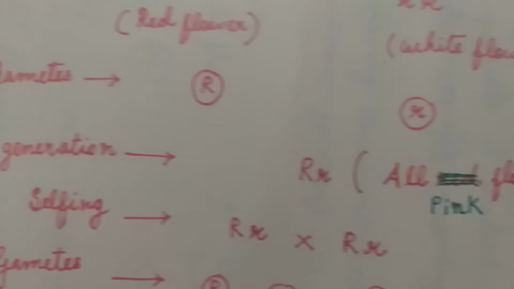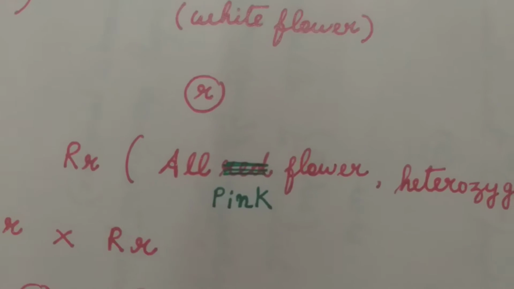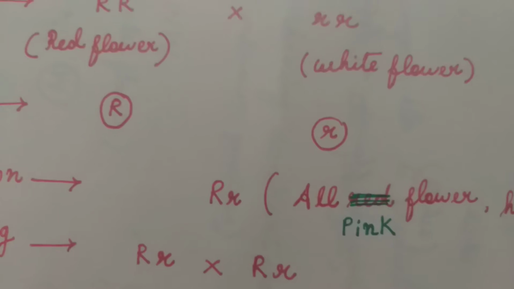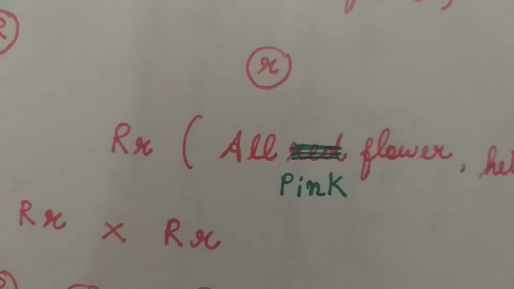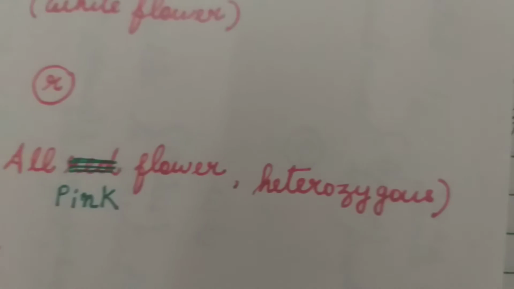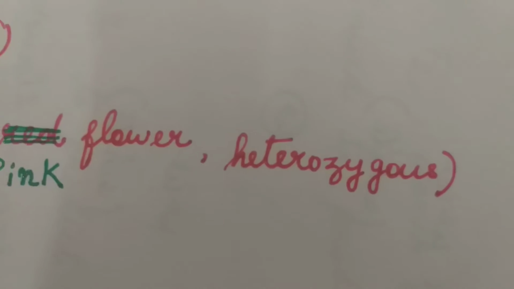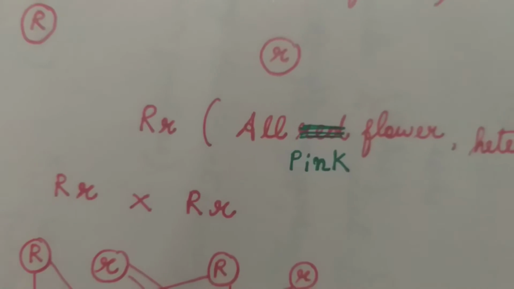Interestingly, F1 generation consists of pink flowered snapdragon. The color of the flower is not red. The color of the flower is pink, and since it is capital R small r, it is heterozygous or hybrid, but they are pink flowered, not red.